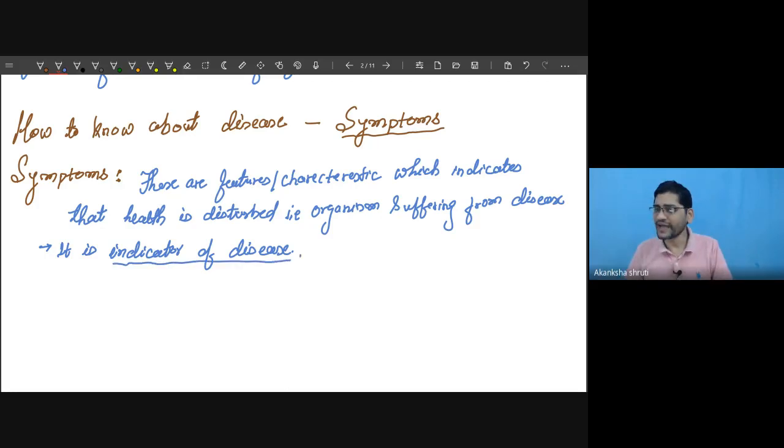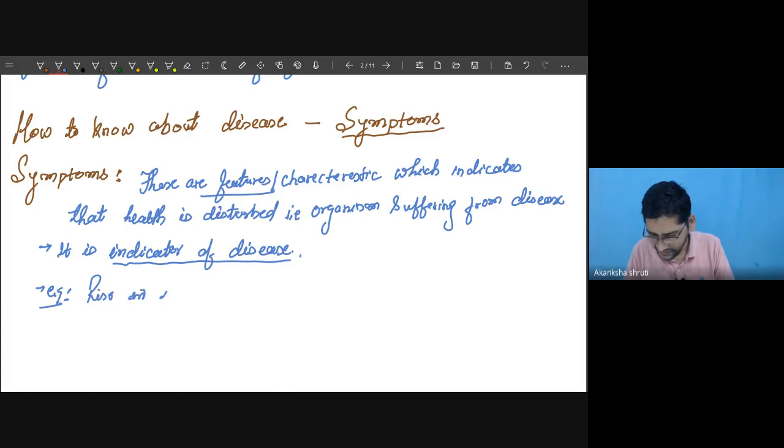What are the common features that are observed while the person is not healthy? Like, when you are in fever, the temperature of the body rises, headache or pain arises. So these common features are called symptoms. So write down the example: rise in body temperature.